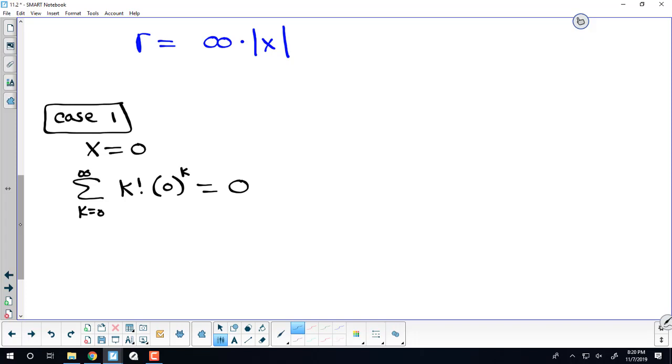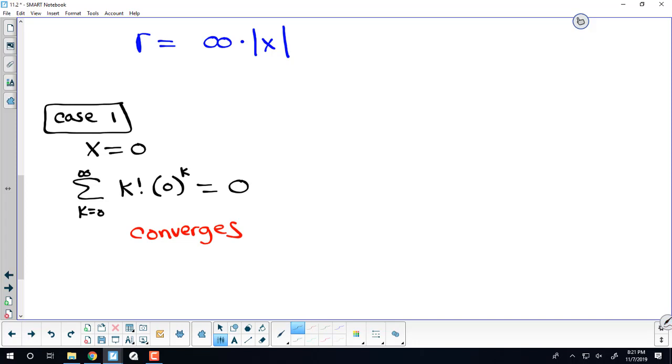So that's the context in which we need to apply our conclusion that it's infinity times x. Again, keeping in mind that just means the ratio of successive terms is getting larger and larger. But if x is 0, then it doesn't matter that they're getting larger and larger, because each term is just 0. So if x is 0 here, this converges.